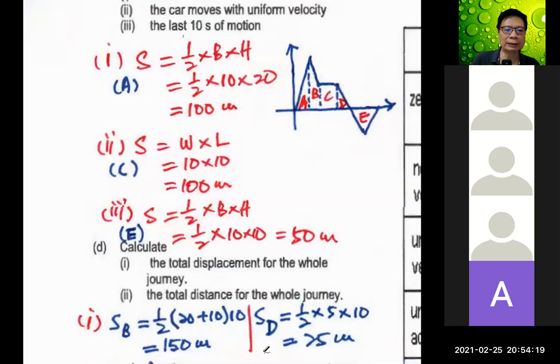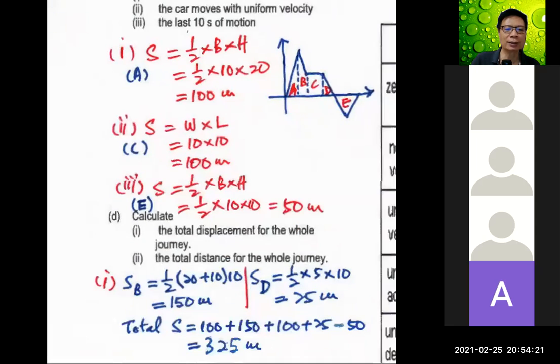So the answer you get is this. 100 plus 150 plus 100 plus 25, and then you minus the 50 because this 50 is negative. So your answer is 325 meters total displacement.